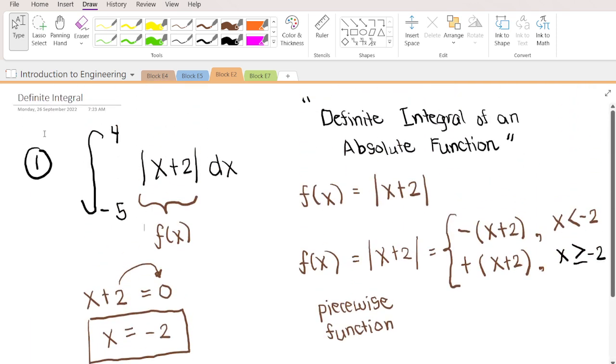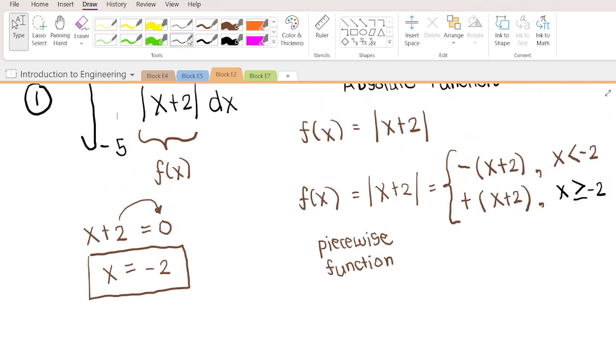Remember that our given here is the definite integral of the absolute value of x plus 2 with respect to x from -5 to +4. So we're going to rewrite that one.